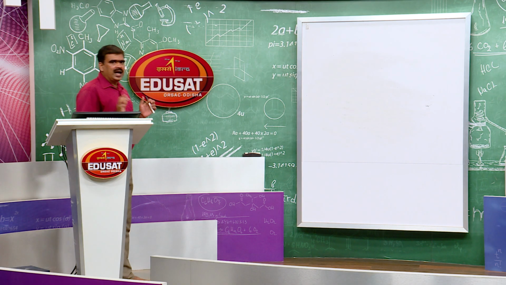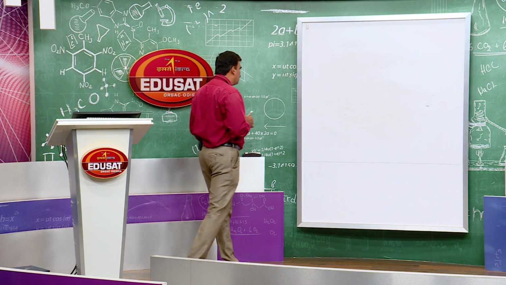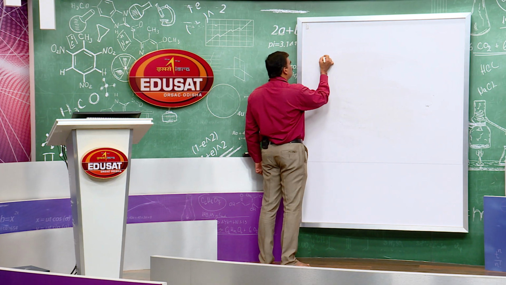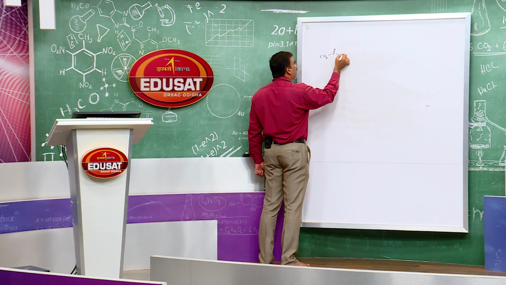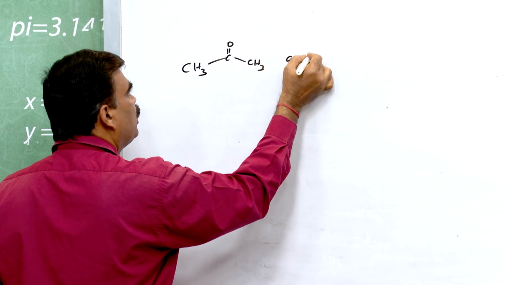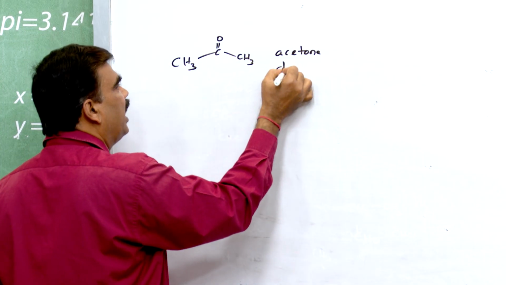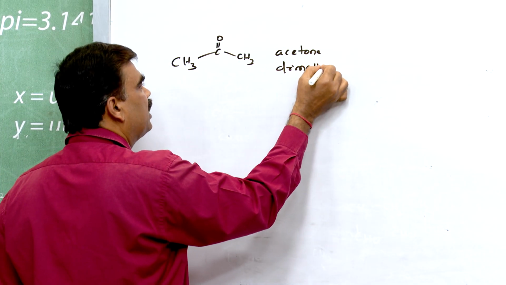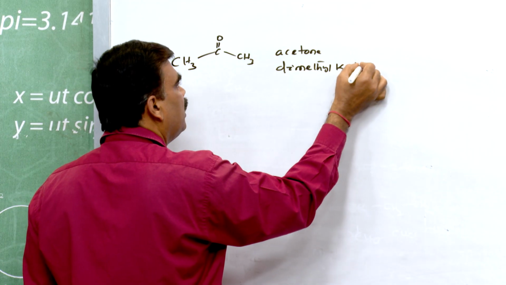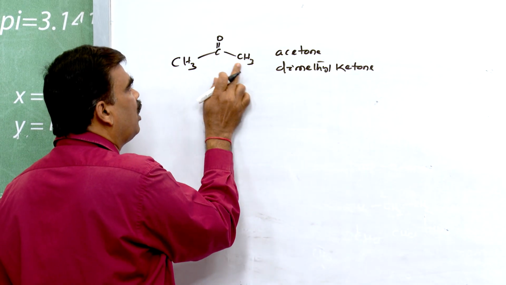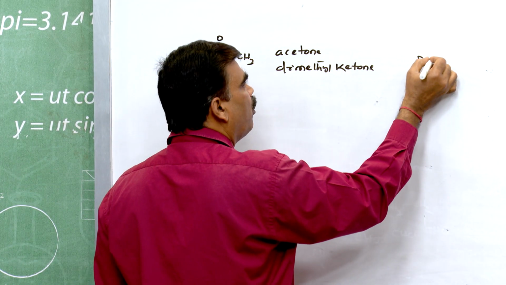Okay. So, let us have some nomenclature about ketones. The simplest ketone is CH3COCH3. It is better known as acetone. This is the common name, but its derived name is dimethyl ketone. What will be the IPS name? There are three continuous carbon atoms, meaning prop.